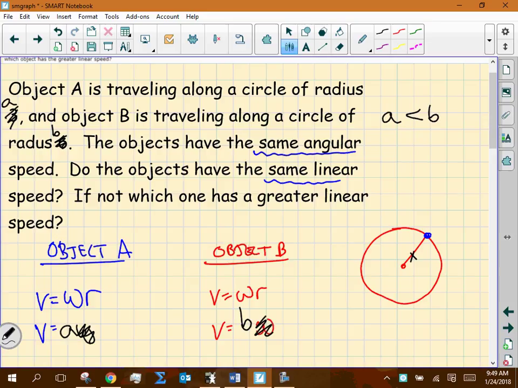So that's a general fact. That's a statement that the exam at the end of the year might ask: which object, the one closest or the one furthest away from the center of the circle, is always moving fastest? That's the one that's furthest away.